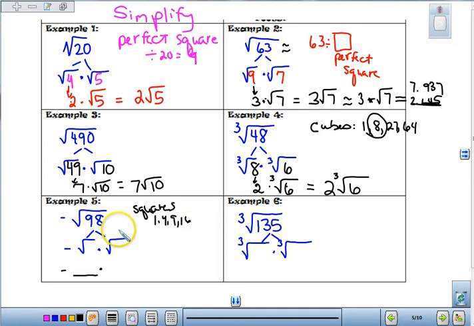Now if you don't recognize something, you notice it is an even number, so try dividing it by 2. Here, again, we're going to look at your perfect cubes. So when we look at our perfect cubes, remember we memorized them up to the first 5. Which one can divide into this? Now again, if you don't recognize it, you might recognize that you can divide by 5.